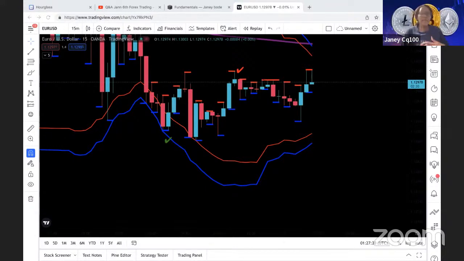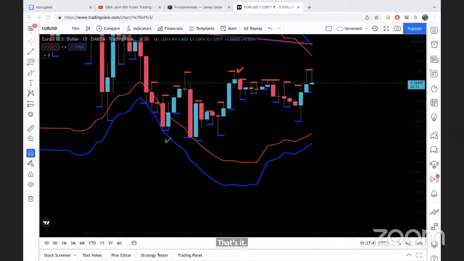However, if by 9 o'clock p.m. Eastern time you have not taken a trade, it's already expired. The market would have passed that area. That's all that's saying. And M5 just means 5 minutes.